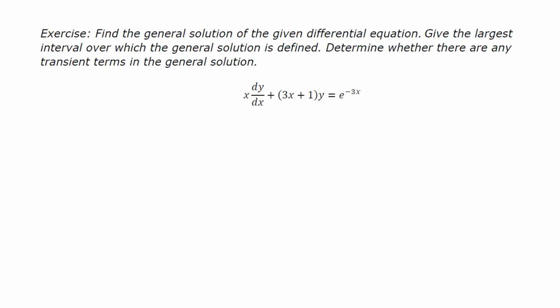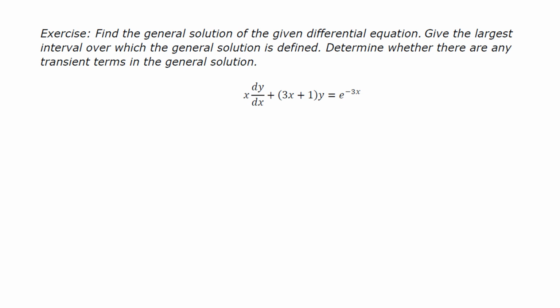All right, we still have the same instructions for this third problem. But our DE, we have x times dy over dx plus 3x plus 1 times y equals e to the power negative 3x. All right, so as you can see here, our differential equation is not written in standard form.